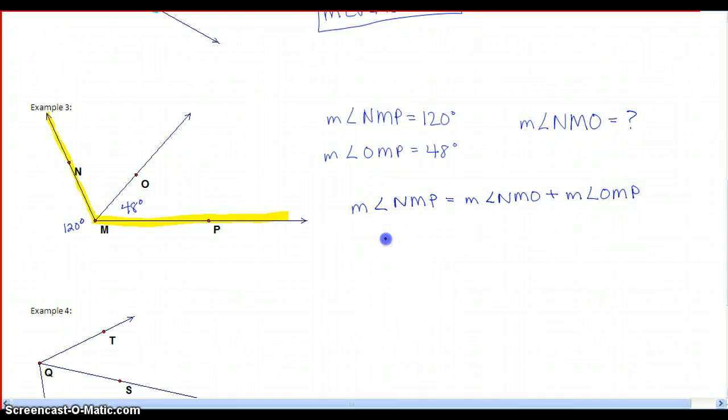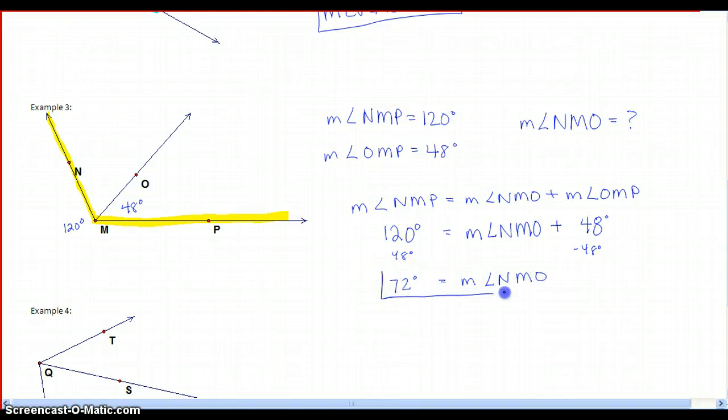We know that this one is 120 degrees, so we're really using our substitution property right here. We know that this one, given the information I told you, is 48 degrees. So you should be able to quickly realize that you just subtract 48 from both sides. So minus 48 degrees, minus 48 degrees, and you're left with 72 degrees for the measure of angle NMO. So adding together the angles, this is considered the angle addition postulate.